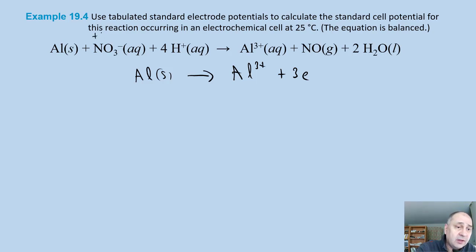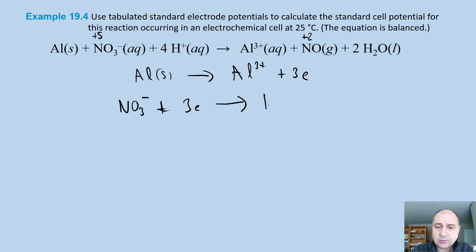Here nitrogen is +5 in the nitrate, and then it goes to +2, so there are 3 electrons. That works out nice and neat, doesn't it?